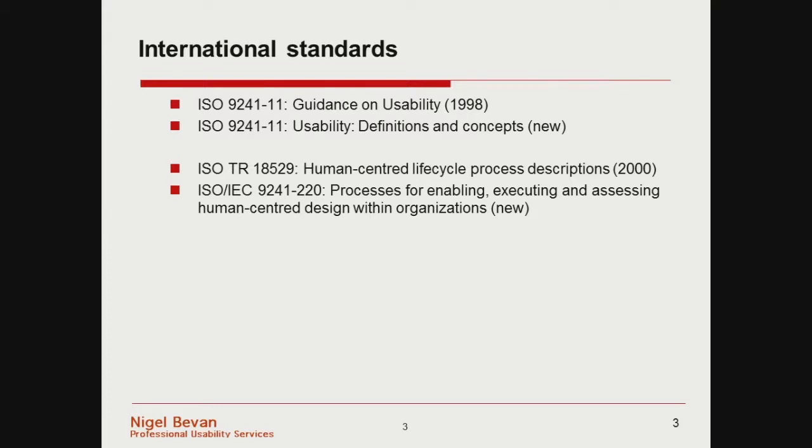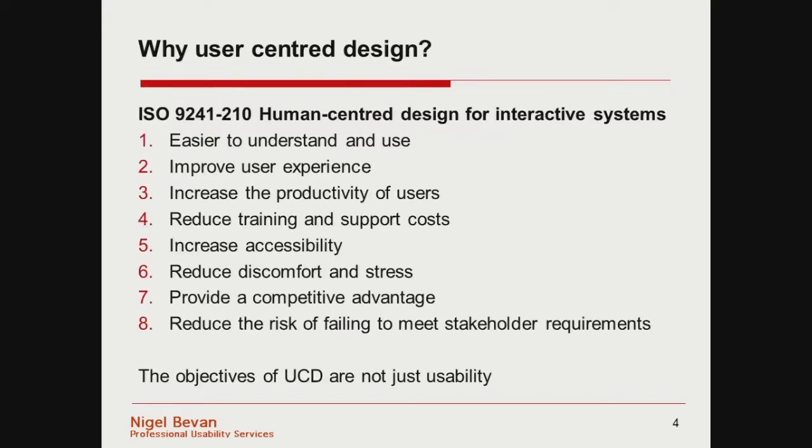Again, that's being revised at the moment to try and represent state-of-the-art in best techniques and processes one should use when designing. In addition to that, the key standard in this area is 9241 Part 210. For anybody familiar with these, it replaces the old 13407 standard, now renamed into the series of standards to do with user interfaces, the ISO 9241 series.